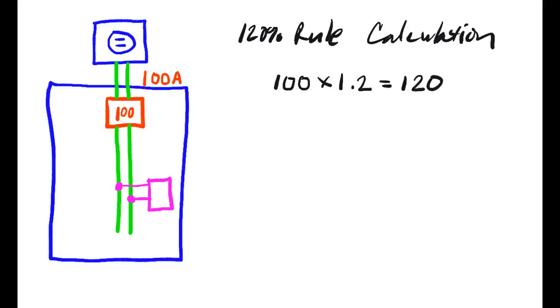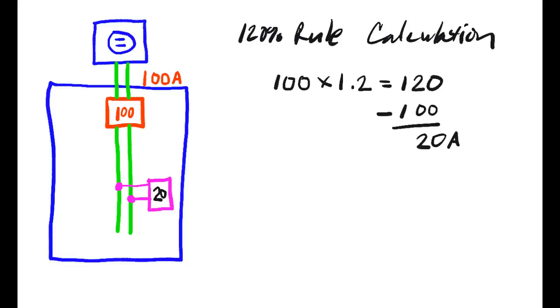And then we subtract the rating of the main breaker, or the main disconnect, which is, in this case, 100 amps. Alright, so what does that give us? 20 amps. That means in this case, our solar breaker can be up to 20 amps.